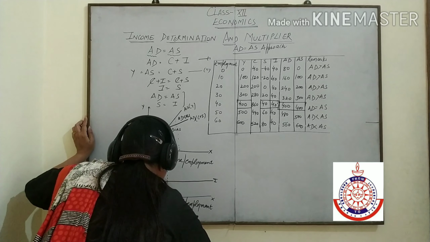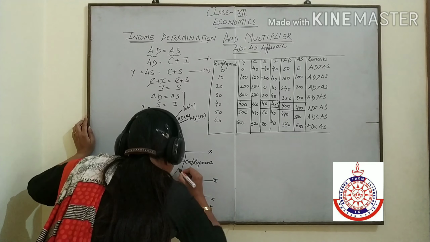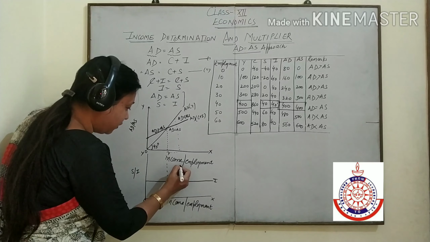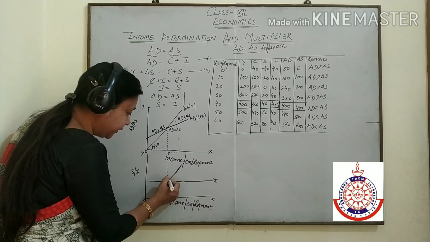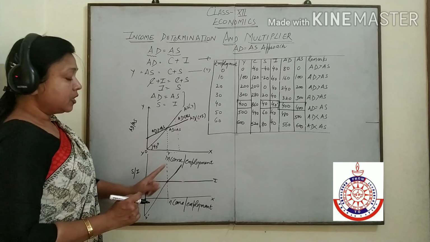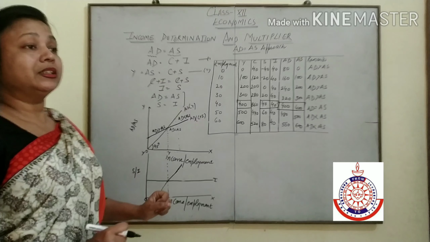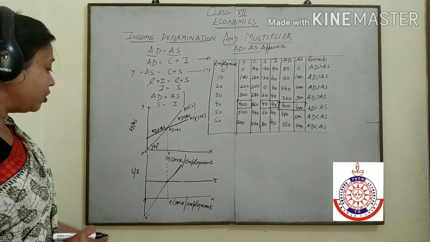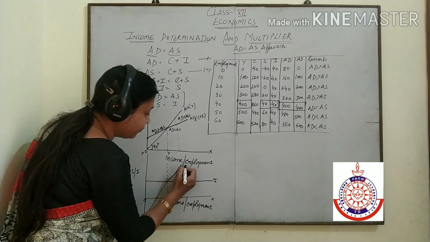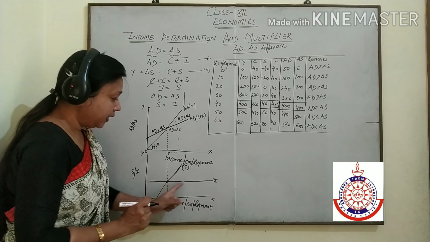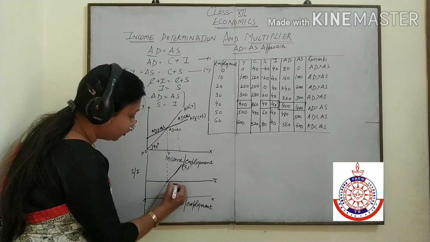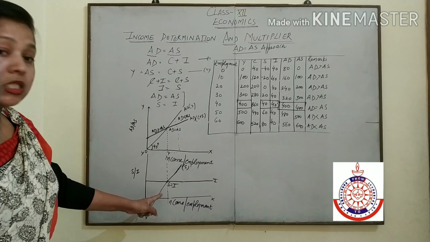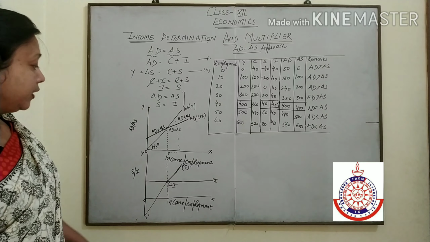We have to draw this saving, and saving also increases at a constant rate, so that it is a straight line. But it is not necessary that it always comes at a constant rate. This is our saving curve and this is our investment curve. Here saving is equal to investment.